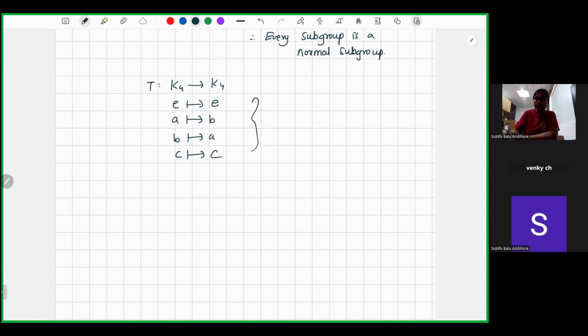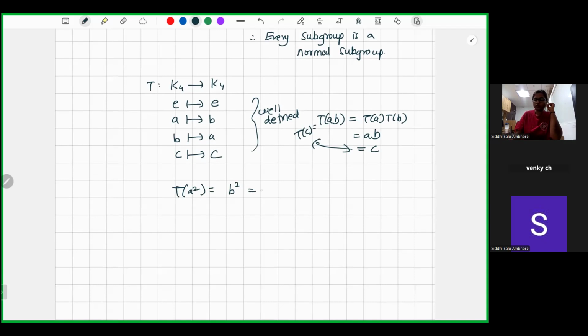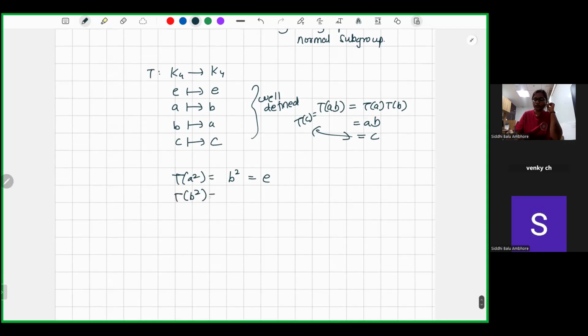This is well defined because T of AB is T of C, which I'm defining as C. T of AB is T of A times T of B, which is BA, that is C, and that's what I have defined here. So this is well defined. And T of A squared is B squared, which is identity. T of B squared is A squared, that is identity, and so on.